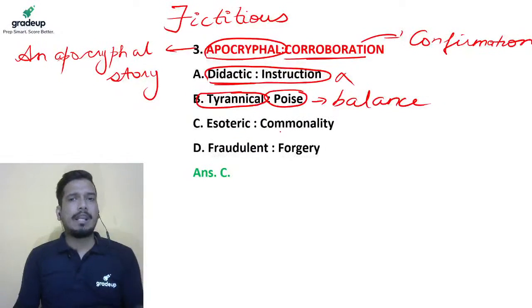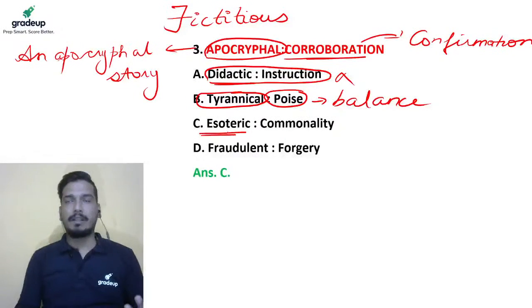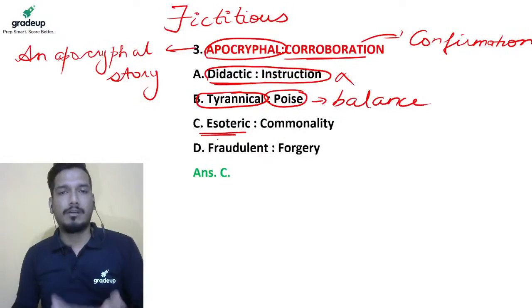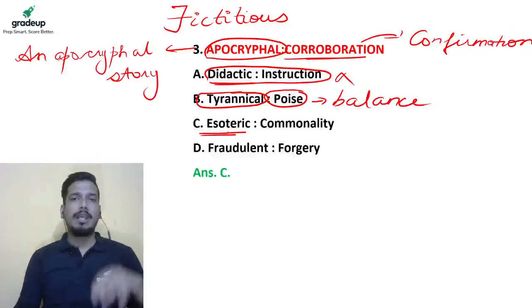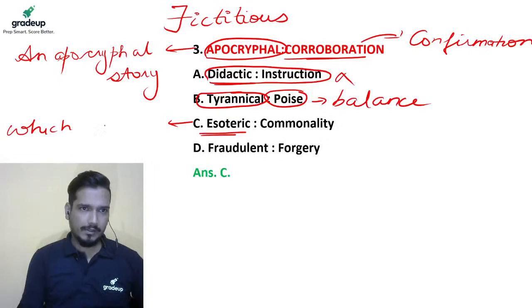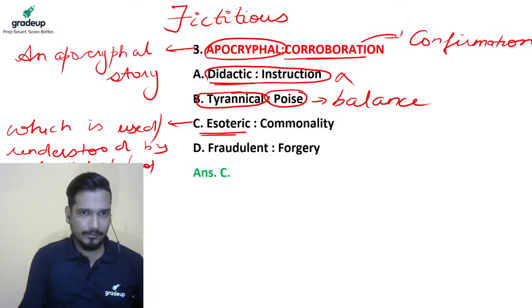Esoteric and commonality. Esoteric is, again, a very rare word. We don't use it in common day usage. Esoteric means that which is used or understood by a handful of people, right?